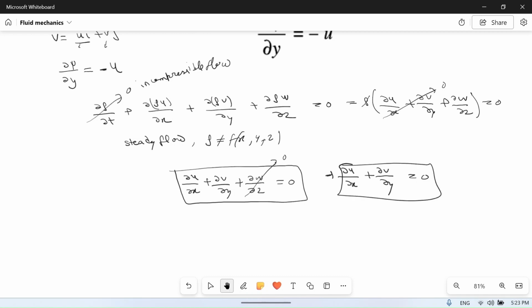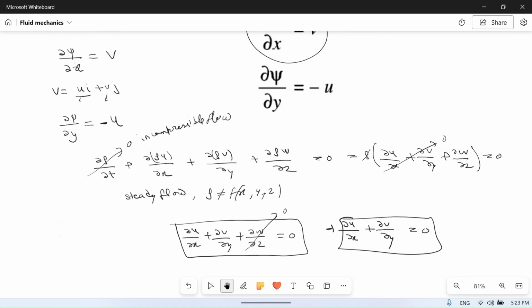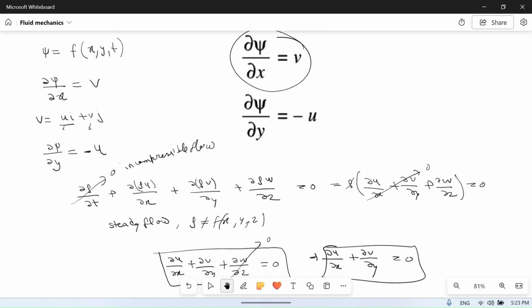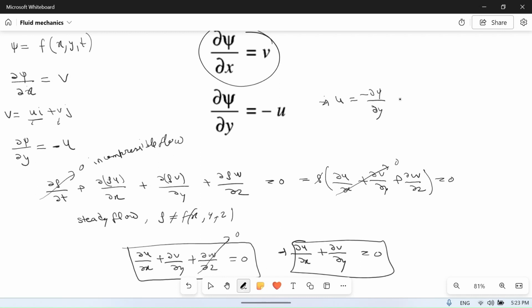Now if you put the values of u and v here, so what is u? See, u is minus del psi upon del y. If we write del u upon del x, it will be equal to del upon del x of minus del psi upon del y, so it will become minus del square psi upon del x del y.